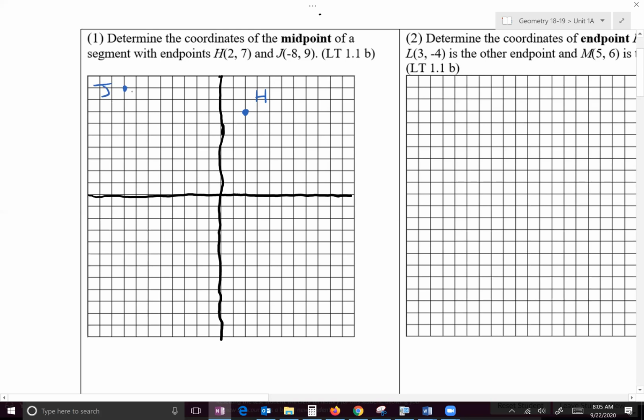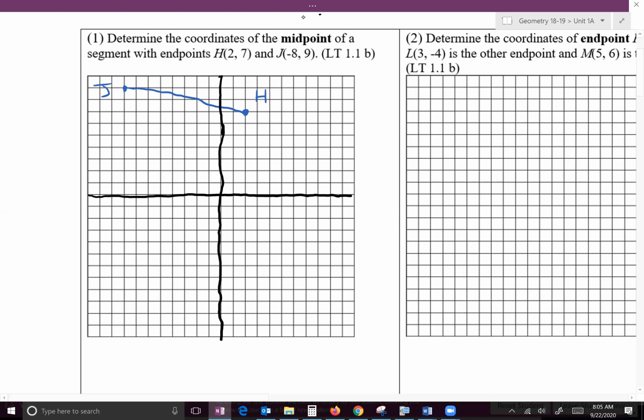And there's J. Okay. All right. And that's JH.